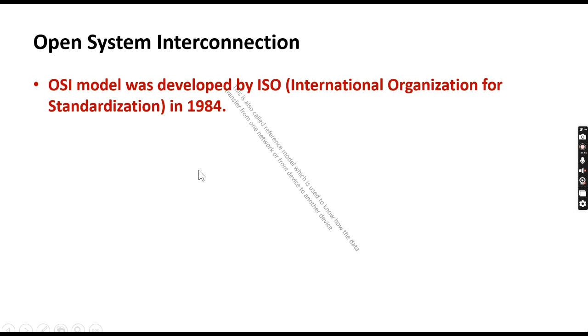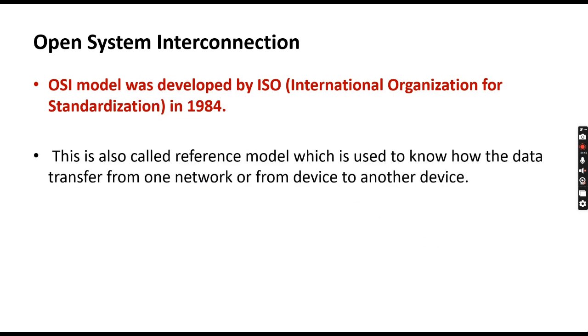Let's get started with OSI. OSI is one of the standard reference models, developed by the ISO, the International Organization for Standardization, in 1984. It is also called the reference model, which explains how data is transferred from one device to another device.